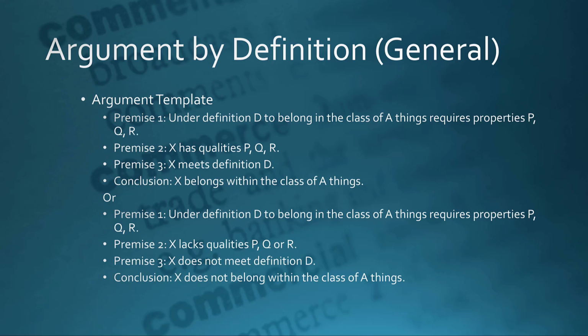So if you disagreed about whales being people, you would come up with a definition and properties that would exclude whales, show the whales lack those relevant qualities, and then infer that whales should not be considered people. So that's the template for arguing.